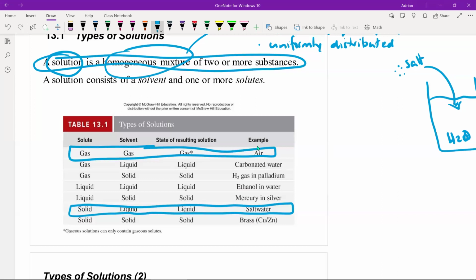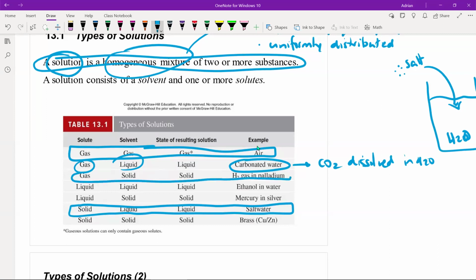We can have gases dissolved in liquids to make carbonated water, for example. Here you have your CO2 dissolved in water. That's what gives it its fizziness, CO2 dissolved in H2O.